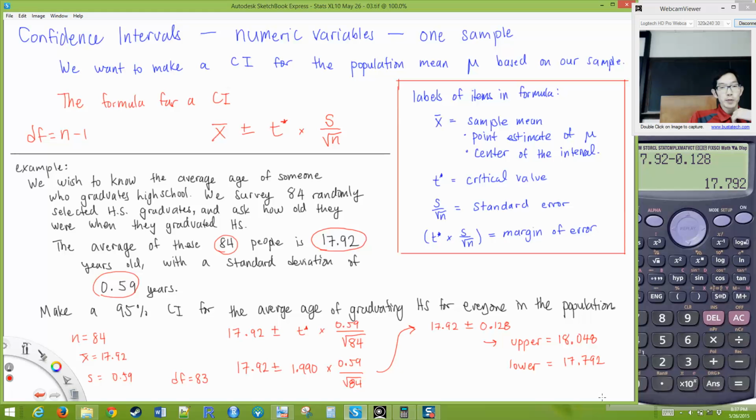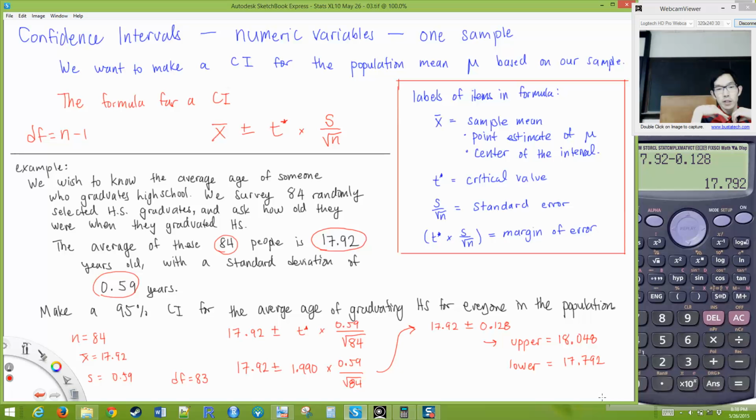Here, actually, before I move on and do the interpretation of the confidence interval, let's just do some quick drills. Don't shout out your answers, but think of the number that you would respond with. Okay, so if I say, what is the margin of error?